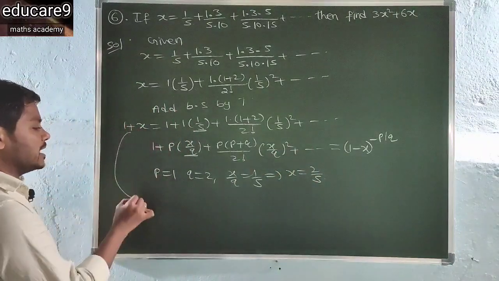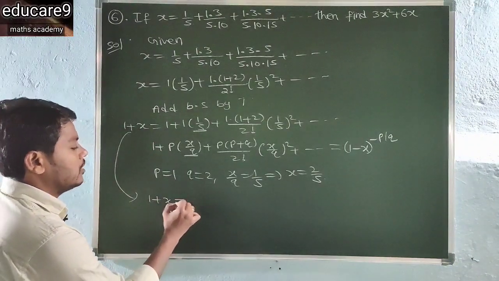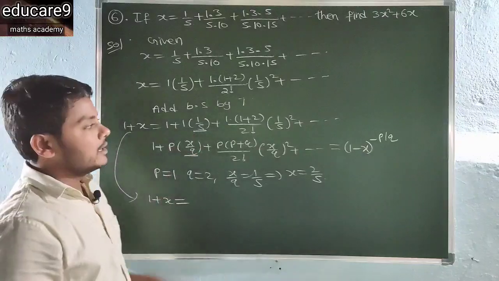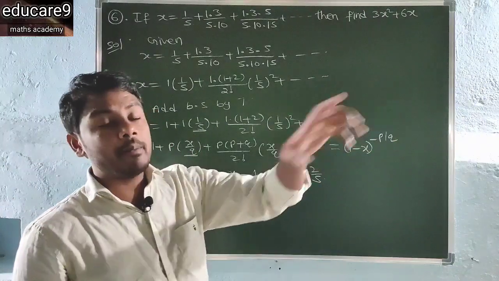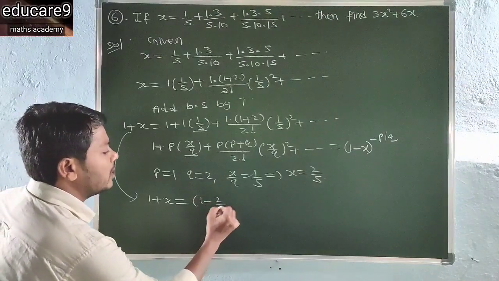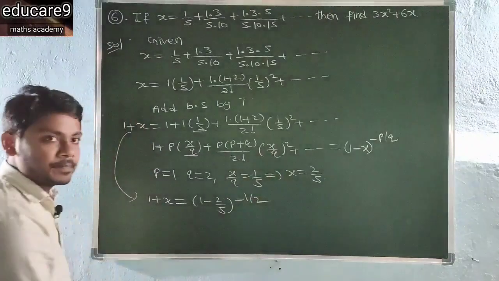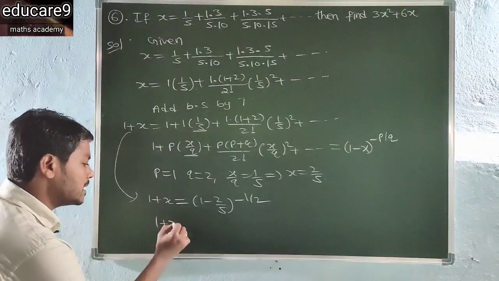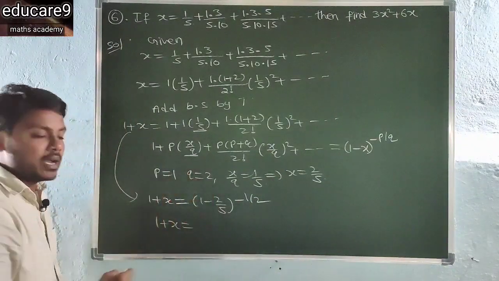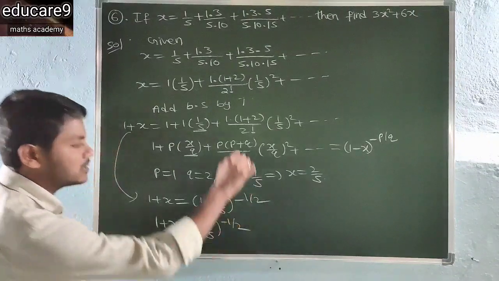So therefore this expansion can be written as 1 + x equals (1 − x) whole to the power of minus p/q. So that is (1 − 2/5) whole to the power of minus 1/2. So this is 1 + x is equal to (1 − 2/5), that is (3/5) whole to the power of minus 1/2.